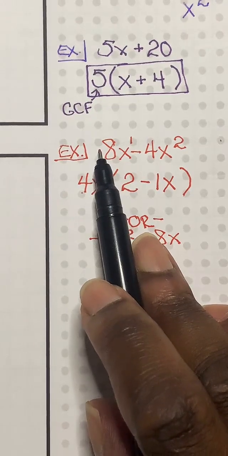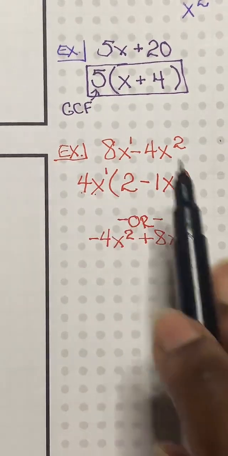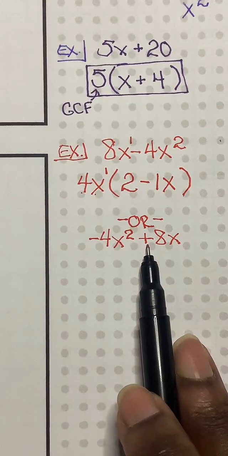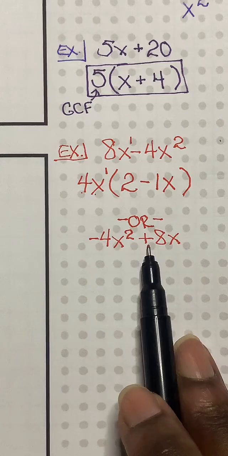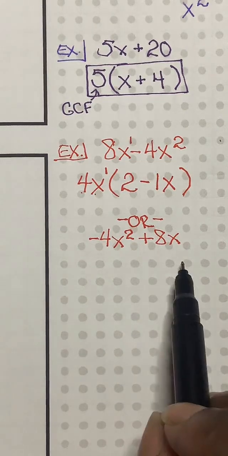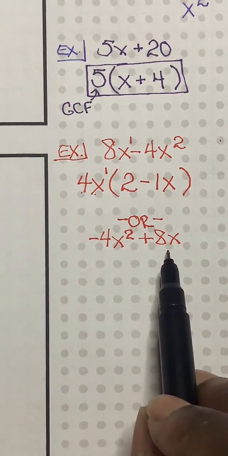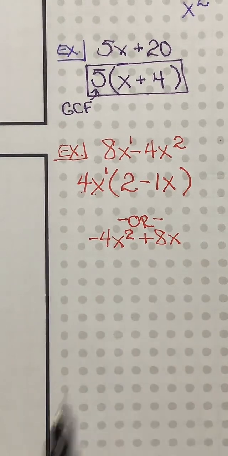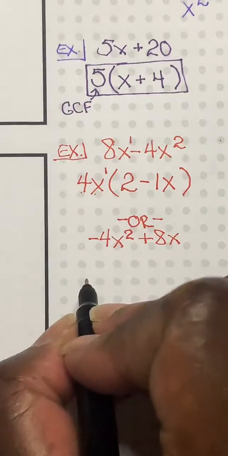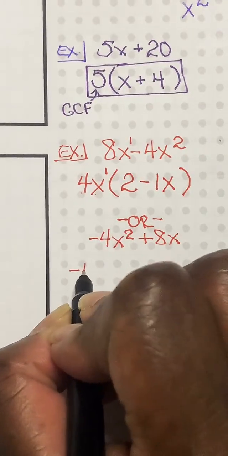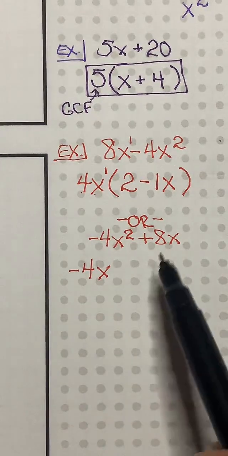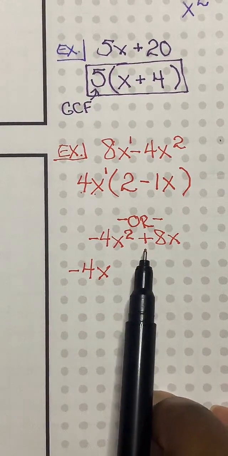There's nothing there, so that means it's positive. That's how I was able to get this plus sign here. So if we take it this way, my GCF is actually going to be a negative 4x.